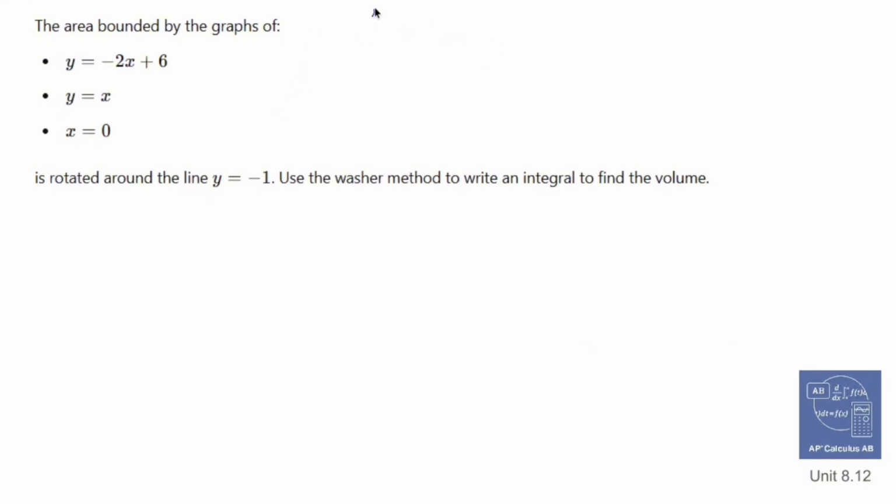But here's the thing. I'm spinning it around y equals negative 1. So the equation that I like to use for the washer method is I have pi living out here. I have my integral from a to b. Okay, and I'm going to set up a, which is going to be the equation that I use, minus f of x, which is going to be my upper equation, squared, minus a, again the same a here, minus g of x, close it, square it, close it, dx it.